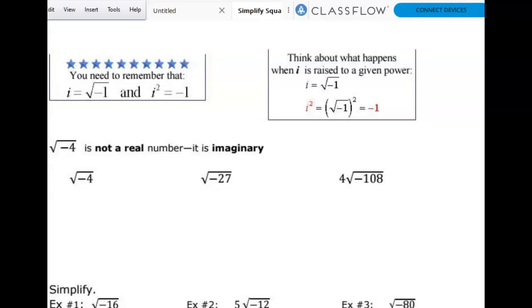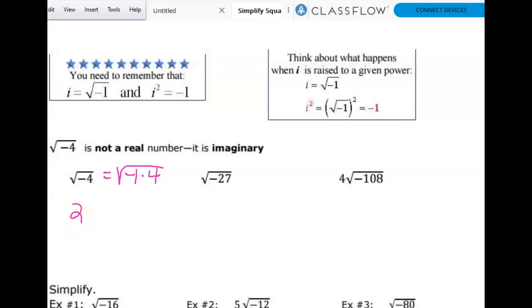If you type in the square root of -4 on your calculator, what does the calculator say? It says error. So I'm going to have this -1. I'm going to have -1 times 4. What's the square root of 4? 2.